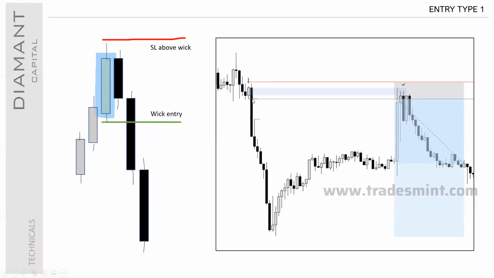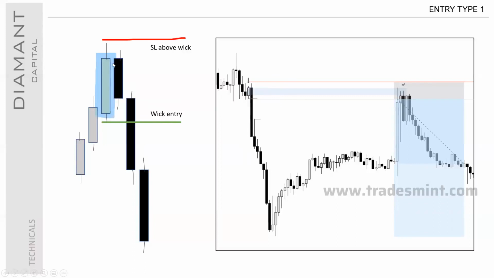It's been unmitigated. It's been one up move and then one straight massive down move all the way to the downside. Price has not even come back to mitigate any of that up move before we started moving down. Hence why we're looking at this as my first point of interest.